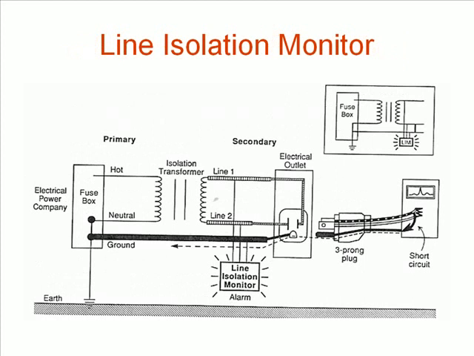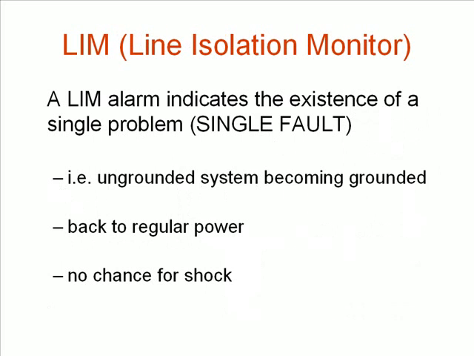So the line isolation monitor is shown in the schematic here, where it monitors the current that would flow between line 1 and ground and line 2 and ground if a fault were to occur, such as the short circuit shown on the right-hand side. And typically, what we want is to keep that current under 2 to 5 milliamps, which we'll explain in a minute.